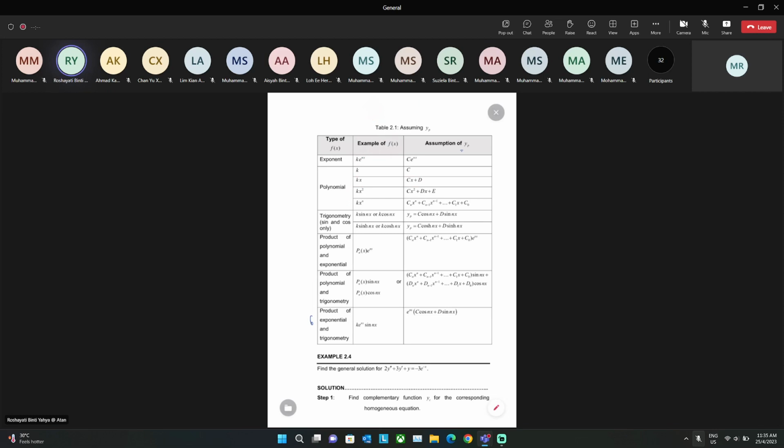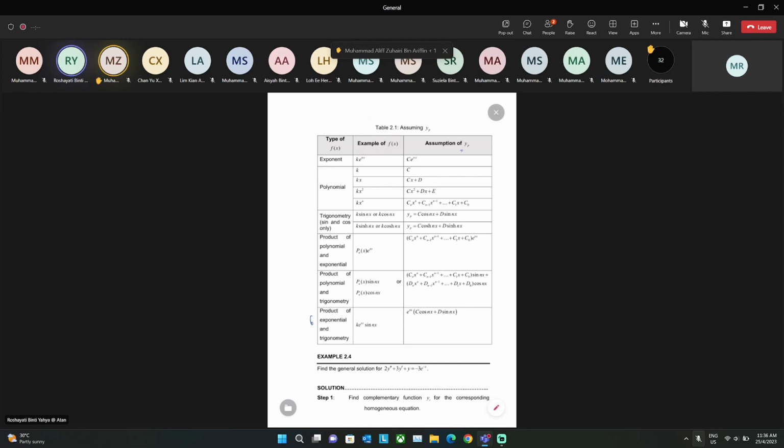Anyone need more explanation on this? Who else can't yet? Anyone? You are all busy celebrating Raya. Muhammad Alif, okay Alif, do you have any question regarding this table? No, madam. Did those who raised their hands earlier finish? Sorry. He wants to answer, I asked who is celebrating Raya.